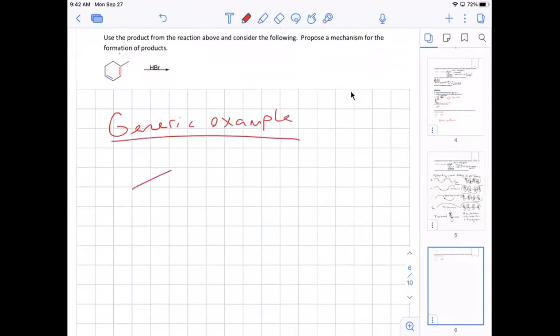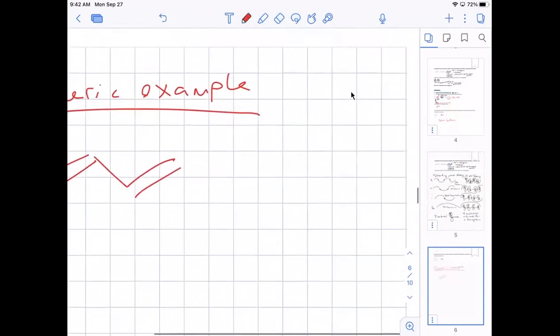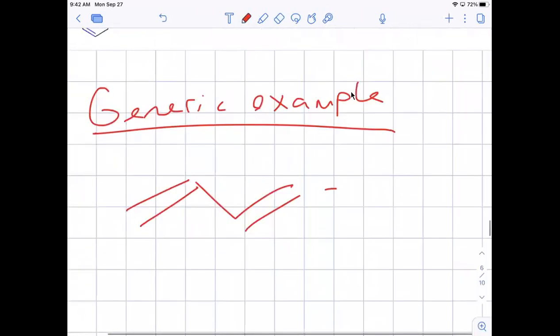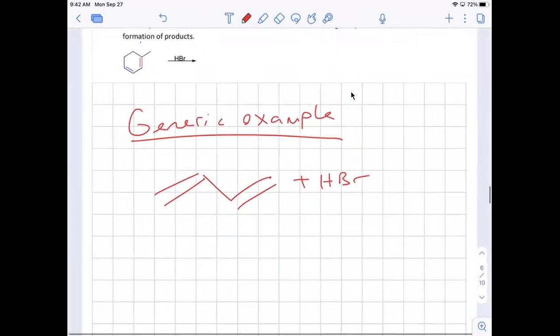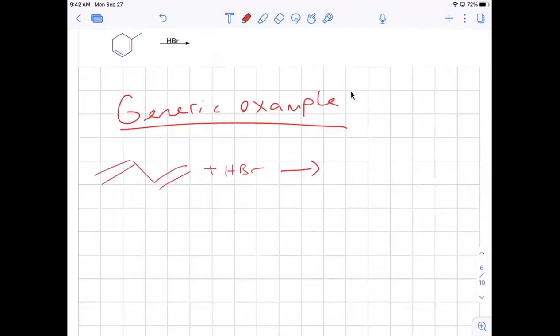All right, so if I took just a standard conjugated diene plus HBr, what's going to happen with that? Somebody who watched the first conjugated dienes video, tell me, what do I get from this? And how does it happen, right?